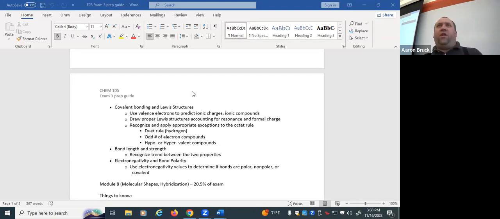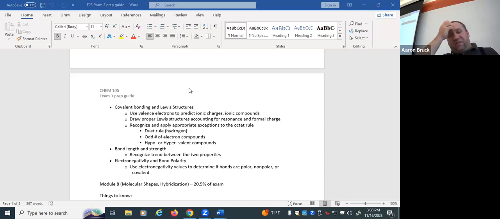Hydrogen doesn't follow the octet rule because hydrogen's energy level only holds 2 electrons instead of 8. So it follows what's called the duet rule. Helium would be the same way if helium formed compounds, which we know it doesn't.